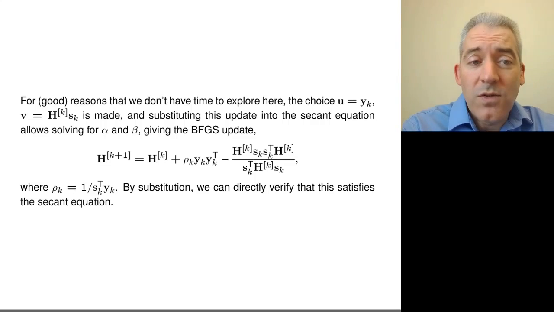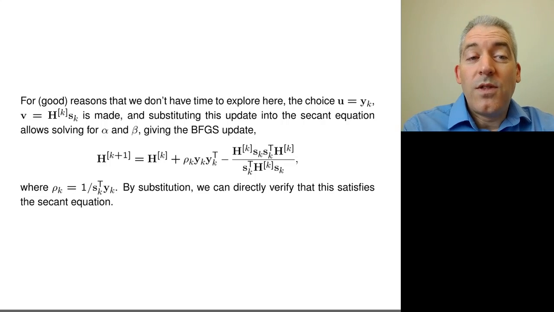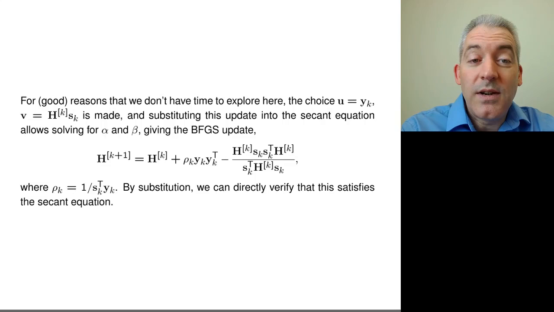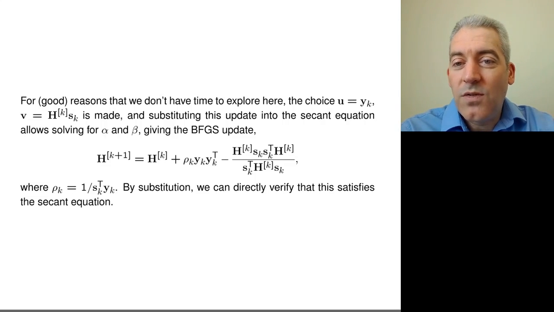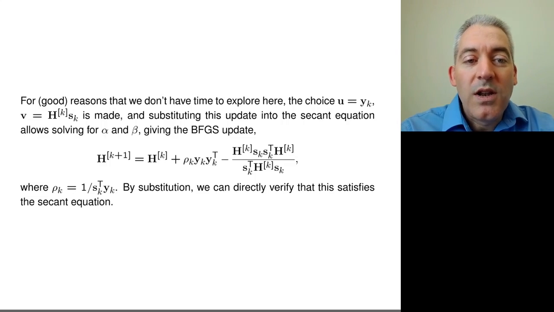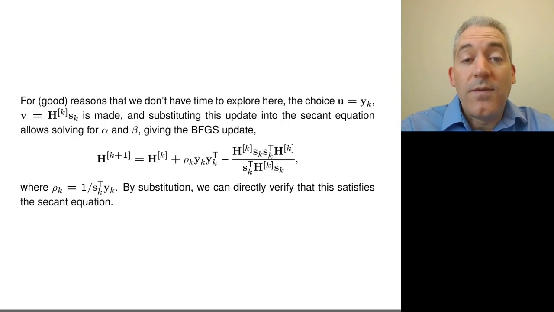If we make those choices, we still have to choose alpha and beta to satisfy the secant equation, but it turns out if we substitute those choices of u and v into the secant equation, we can solve for alpha and beta directly, just using simple matrix algebra. You can try it. You substitute in, you solve for alpha and beta, and you get this particular update of the Hessian matrix.